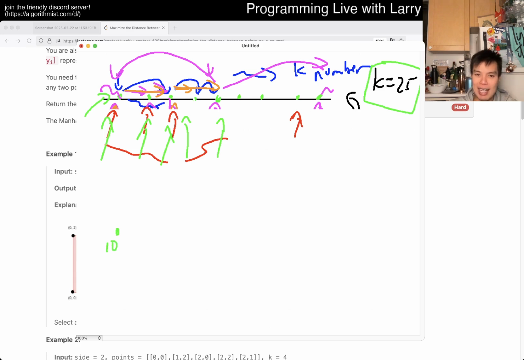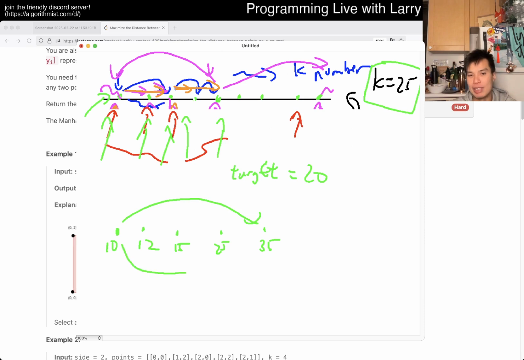If your target distance is, I don't know, 20, and you have points at like 12, 15, 25, 35, then you just do a binary search to see that the next number is going to be 35, right? Then you jump over all this in log n time instead of whatever, right?